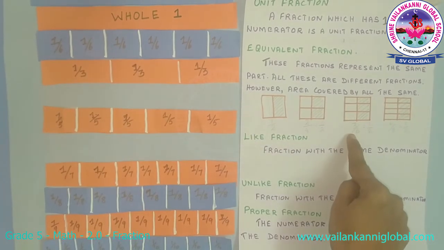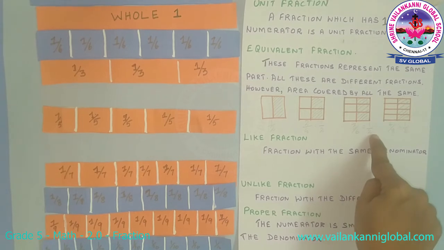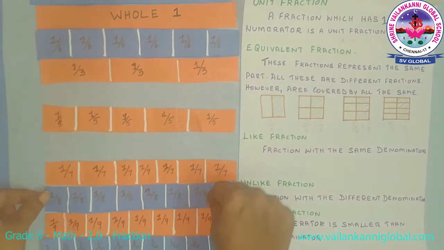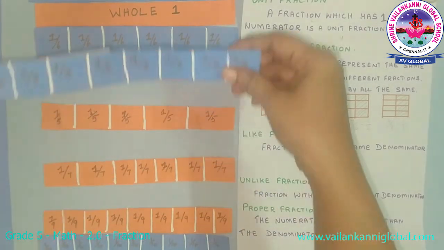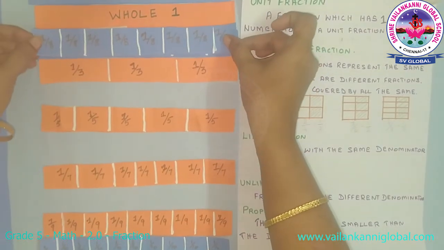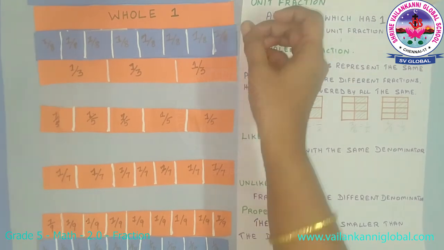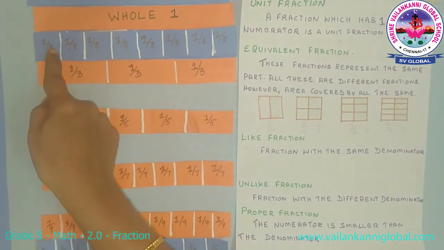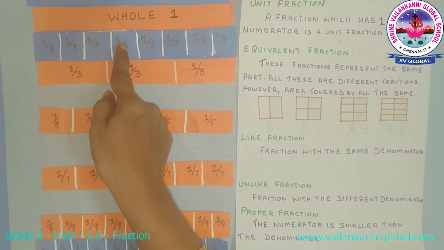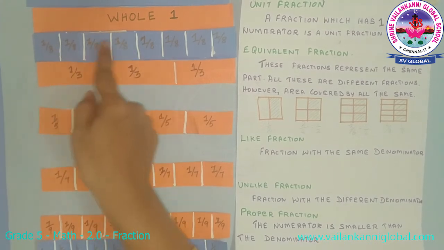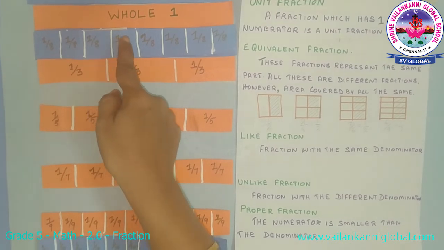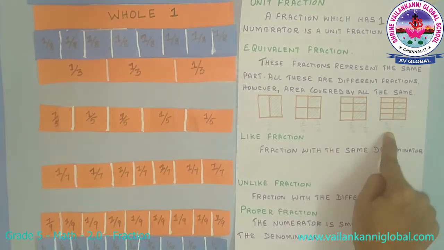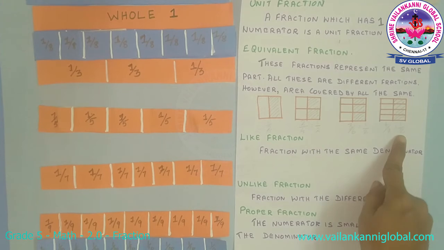In the same way, here 1 by 8. How many parts are we getting? 1, 2, 3, 4. If you add these, you get 4 by 8. So 4 by 8 is equivalent to 1 by 2.